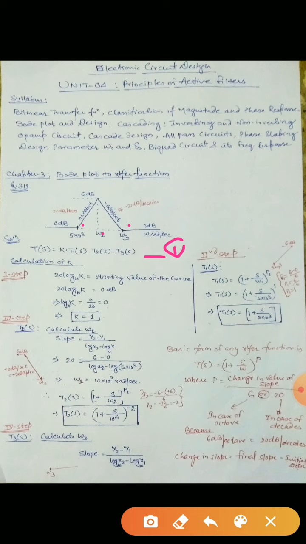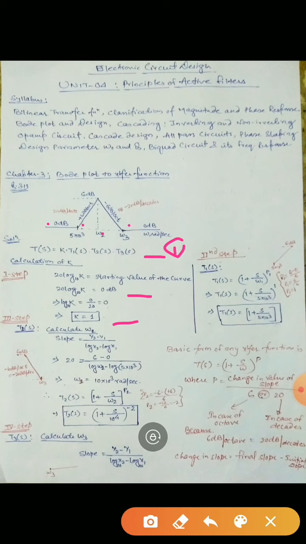Here you can see that the starting value of the slope is at 0, that means at the initial position. That's why we are substituting the starting value of the curve as 0 dB. So 20 log to the base 10 of k is equal to 0 dB, and after simplification we get the value of k equal to 1. So at the starting value of the curve we have calculated k equal to 1.